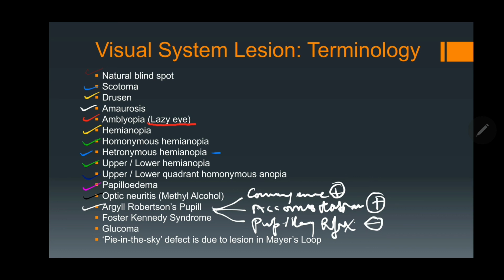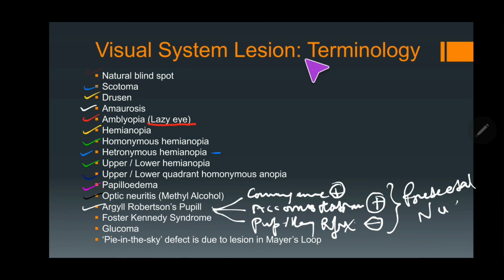So in Argyll-Robertson's pupil, convergence is there, accommodation is there, but the pupillary reflex will not be there, miosis will not be there. This defect is said to be because of a defect in the pretectal nucleus. However, the exact pathway still needs to be explored by the scientists.